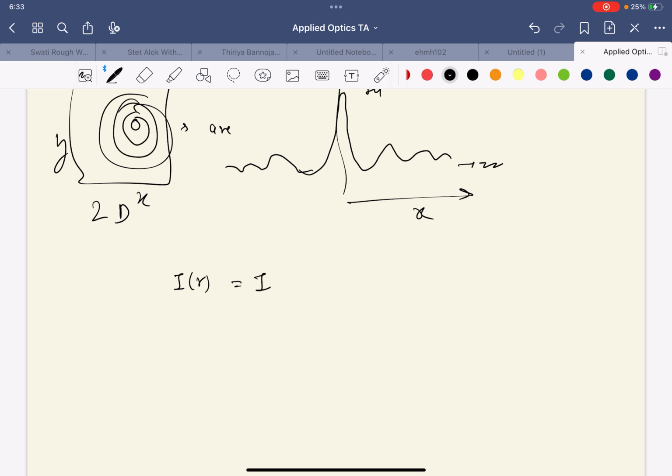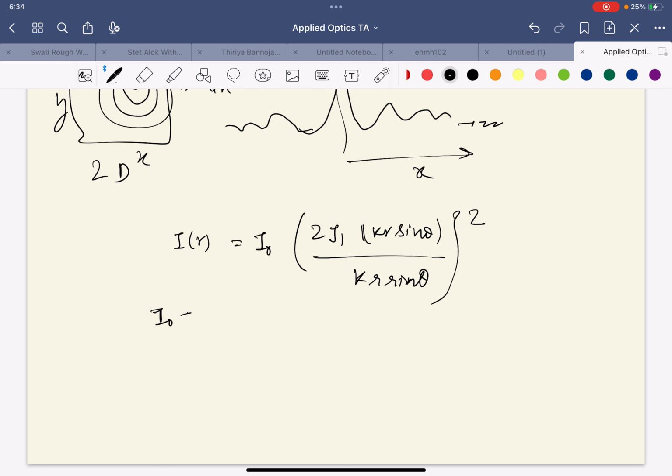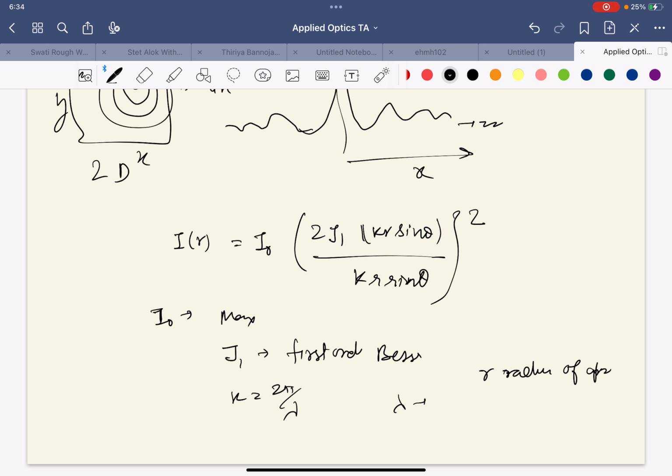This is equal to I naught [2J1(kr sin theta) upon kr sin theta] whole square, where I0 is the maximum intensity and J1 is the first order Bessel function, and k is equal to 2 pi by lambda, where lambda is the wavelength of the light, and r is the radius of aperture, right? And theta is the diffraction angle.